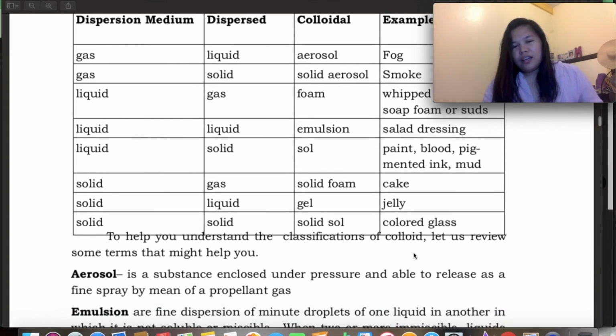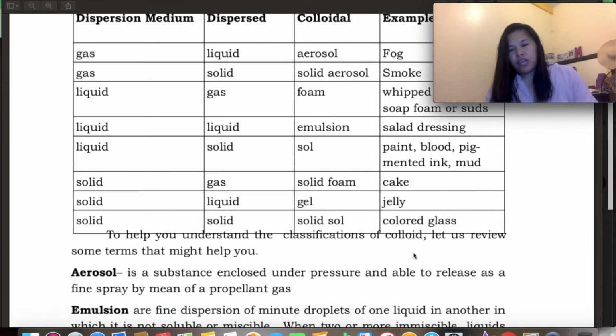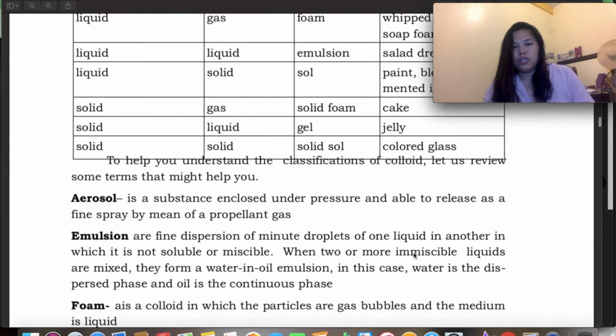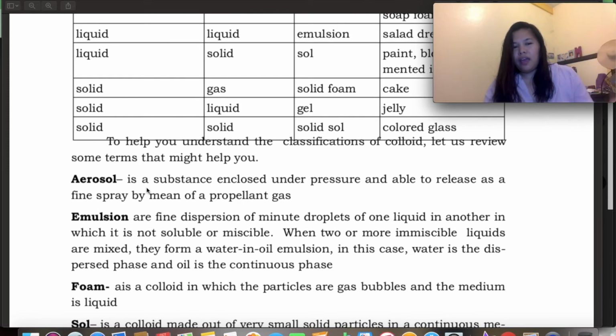Okay, to help you understand the classification of colloids, let us review some terms. Aerosol is a substance enclosed under pressure and able to release as a fine spray by means of propellant gas. Just read this, aerosol. Search on Google, many examples of aerosol will come up.